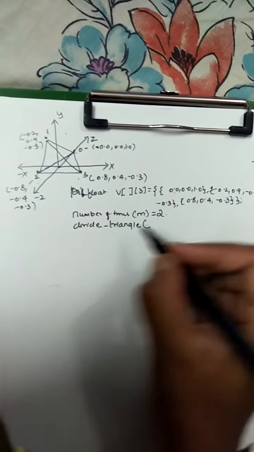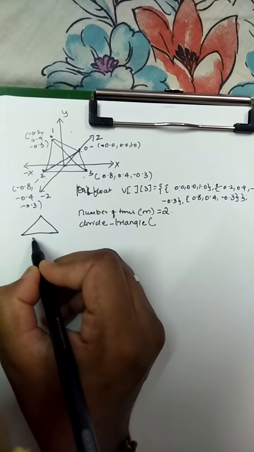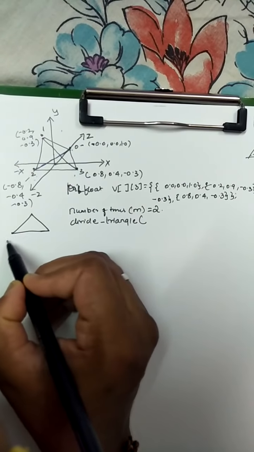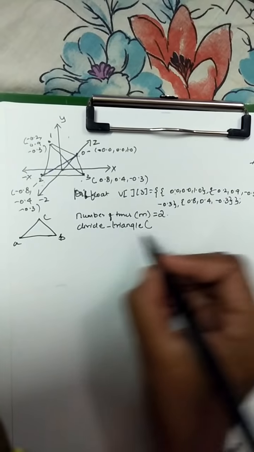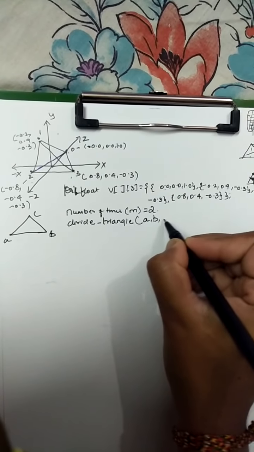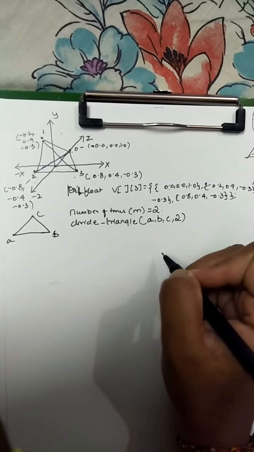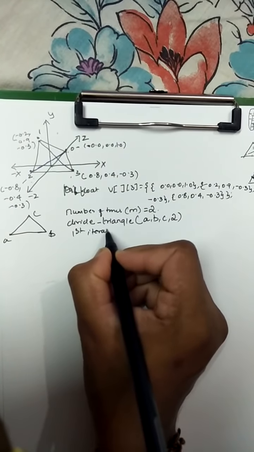So what should I pass? Initially I am taking one face of the triangle and I'll pass this A, B, C. So I'll be passing divide triangle A, B, C, and the number of times that I have to divide is 2. So this is the first iteration.